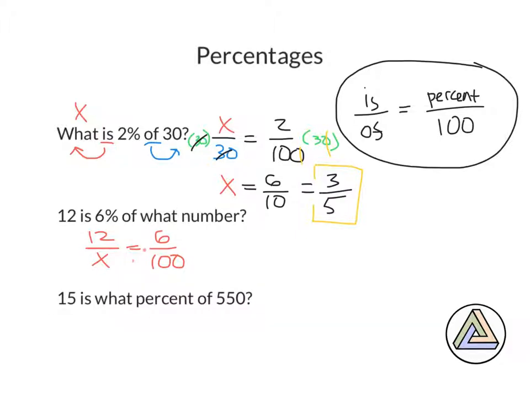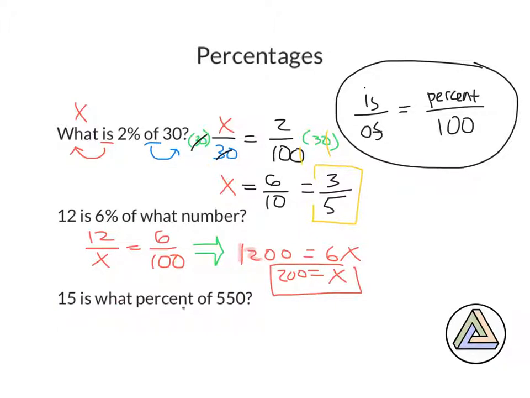Now this is a little tricky. This one you definitely do have to sort of cross multiply it, okay? And in cross multiplying we go 12 times 100 equals 6 times x. So that's going to be 1200 equals 6x, dividing both sides by 6. I'm just going to kind of do it, and that's going to give you 200. All right, so hopefully that makes sense.